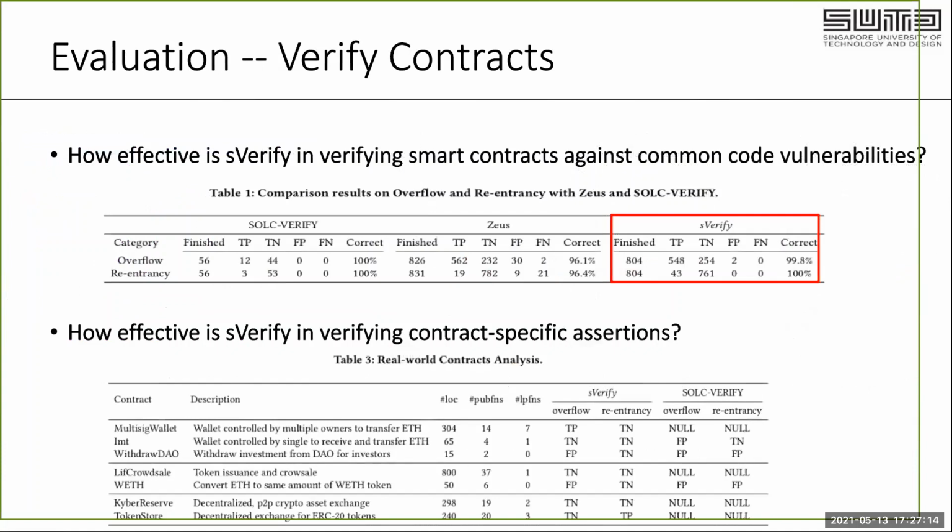We implemented our approach on a tool named sVerify and evaluated on multiple contracts. Our concentration mainly focuses on two common vulnerabilities, which are overflow and reentrancy. Results demonstrate that sVerify can successfully verify or falsify test cases with high accuracy. We also collected several representative contracts to insert assertions, considering overflow and reentrancy. Lastly, we discovered two new vulnerable contracts among these 7 contracts.